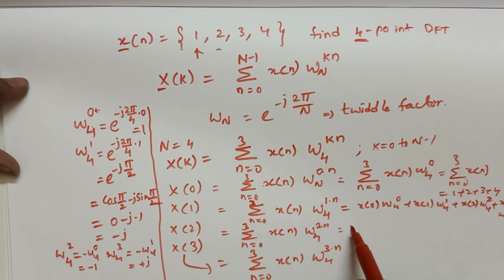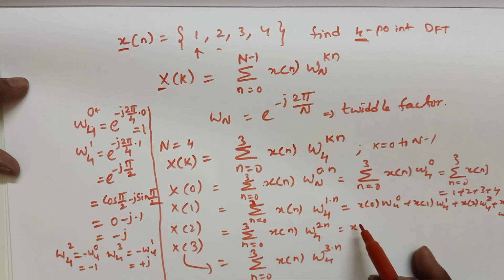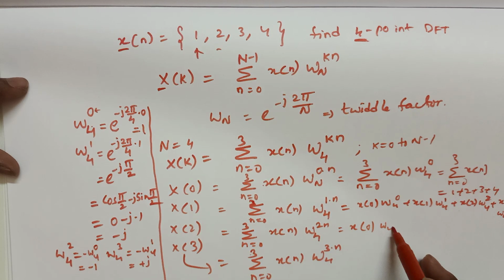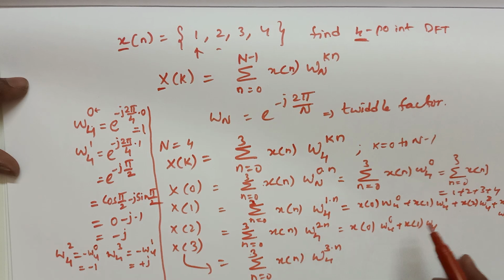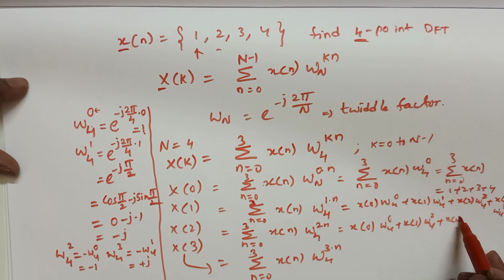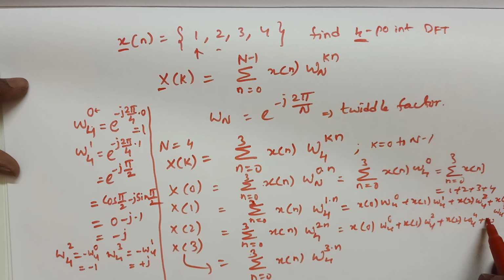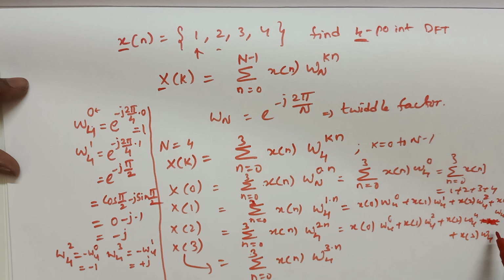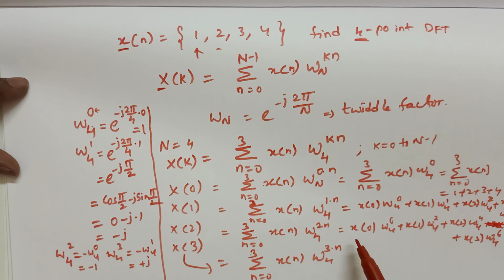Similarly, when you substitute k equal to 2, this is W_4 power 2n. We expand the n values: x of 0 into W_4 power 0, x of 1 into W_4 power 2 into 1, then x of 2 into W_4 power 2 into 2, which is 4, plus x of 3 into W_4 power 2 into 3, which is 6.